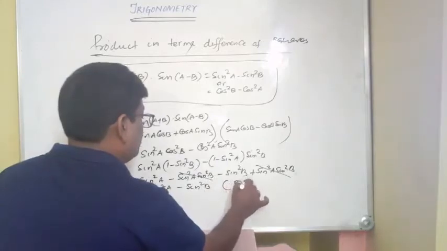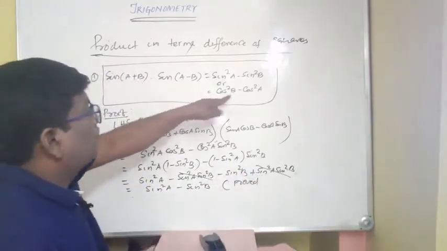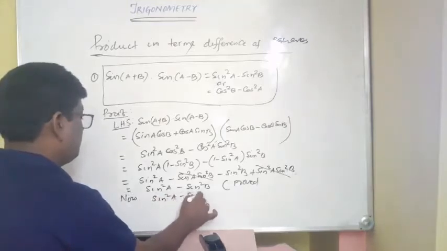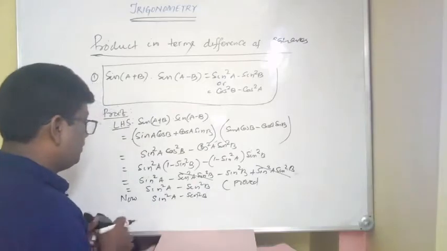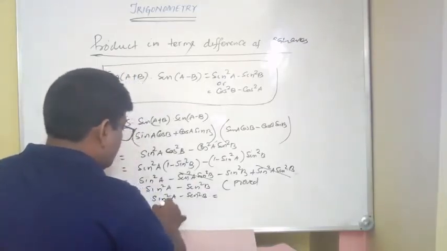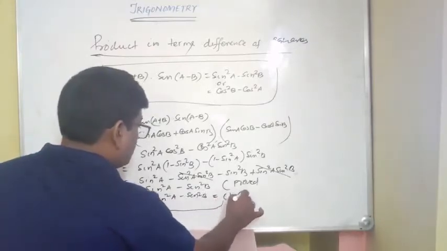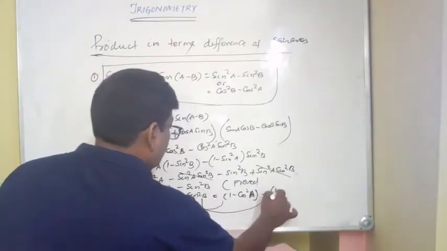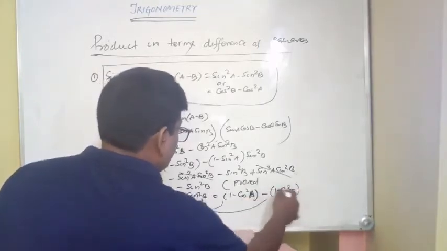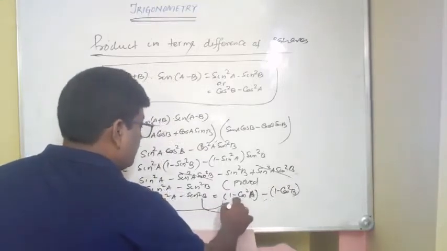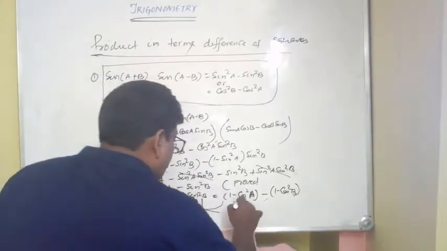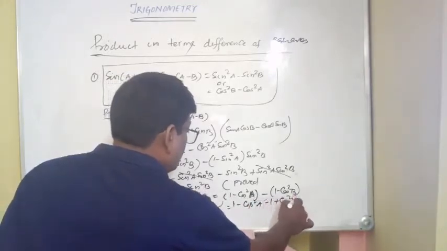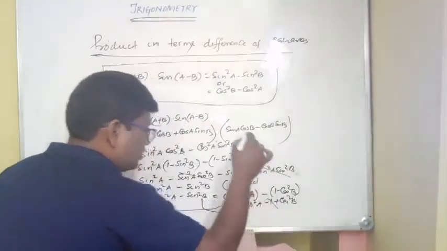Got one part proved. Another part, cos square B minus cos square A. Now take sin square A minus sin square B. This can be written as, what is sin square A? 1 minus cos square A, minus sin square B, which is 1 minus cos square B. So this is equal to 1 minus cos square A minus 1 plus cos square B. The 1 minus 1 cancels.